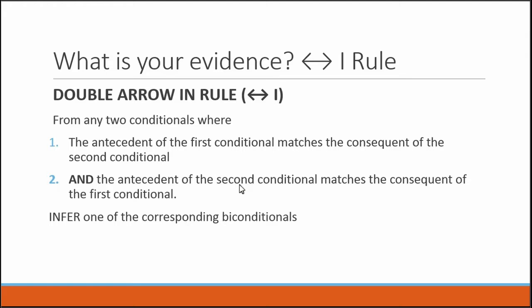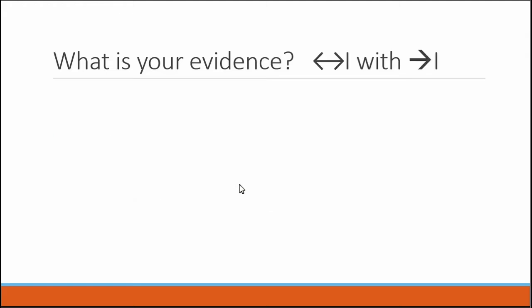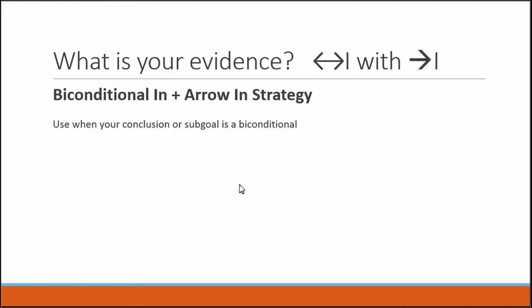The last thing I want to talk about is combining double arrow in rule with arrow in rule. We can call this biconditional in plus arrow in strategy. We can use this strategy when our conclusion or subgoal is a biconditional statement and you see no other easier way of deriving that conclusion or subgoal.